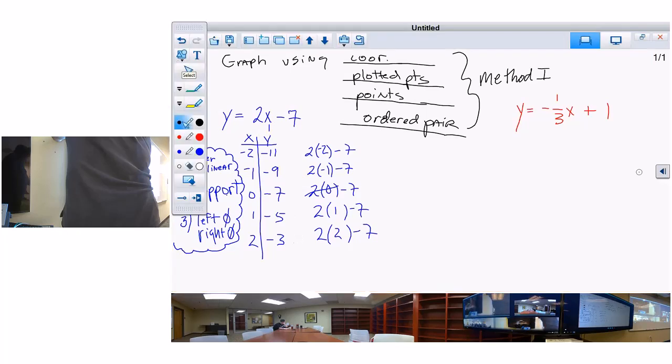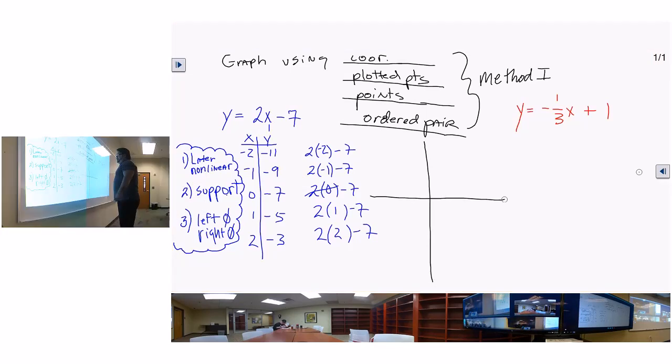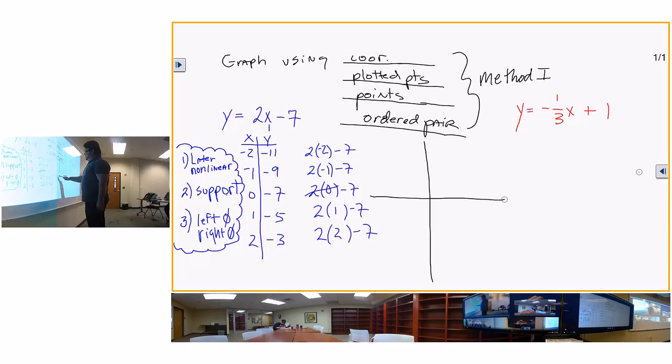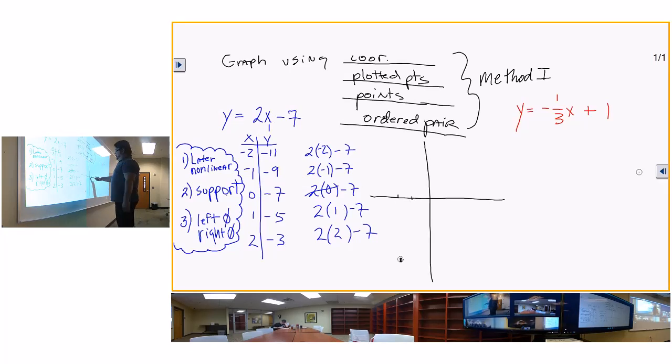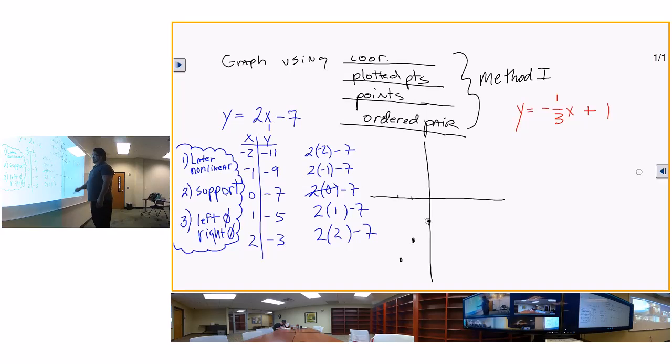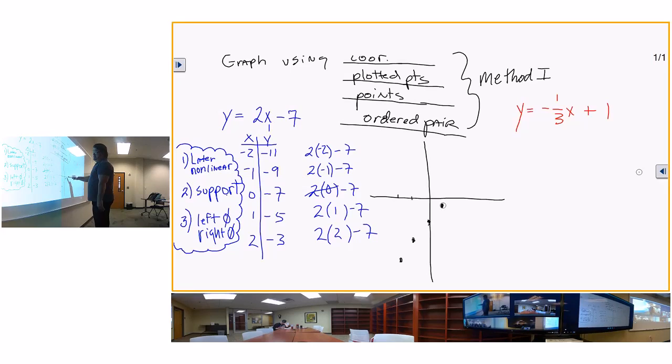And then we take our handy dandy graph and we plot those points. -2, -11. -1, -9. 0, -7. 1, -5. And 2, -3.